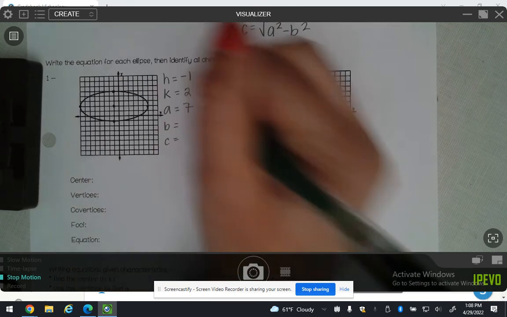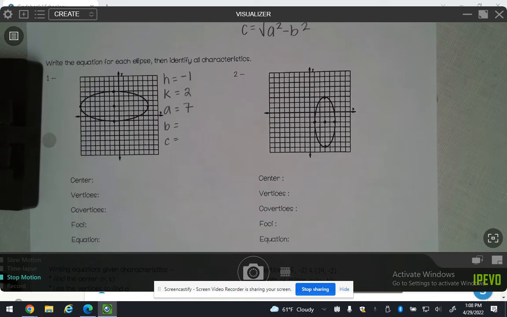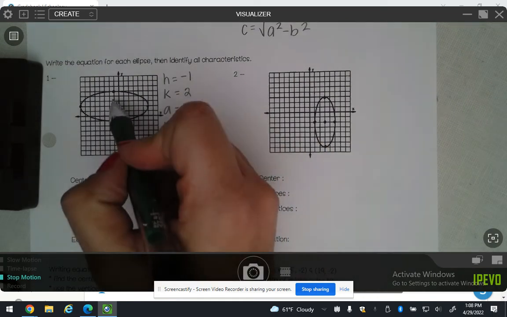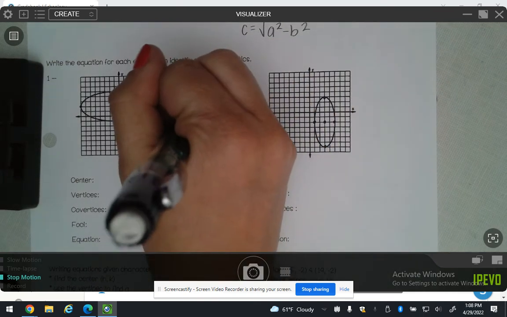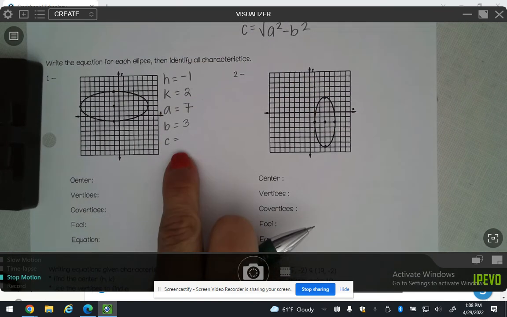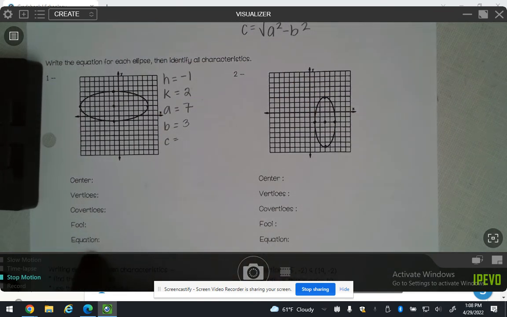So A is 7. B is your center to your covertice. So that is 3. Do you need your C to be able to write your equation? No, not necessarily. Now, do I need it for this case? Yes, because I have to find my foci.